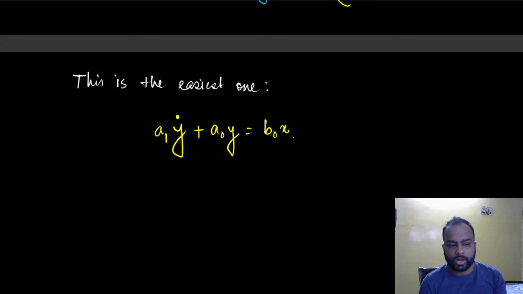This is a first order ordinary differential equation, and this is really the simplest first order linear ordinary differential equation, the simplest one, right? You can see something like that.